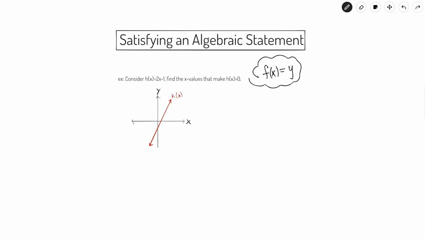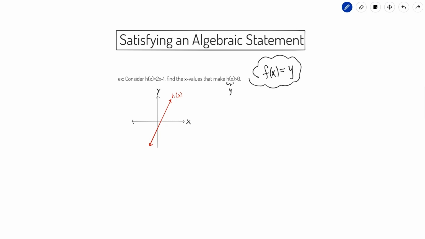If I know h of x is really just y, my y variable, then I'm really just wondering what x values make y greater than 0. And where is y greater than 0? Well, y is greater than 0 everywhere above the x-axis in these two quadrants here. And so ultimately, all we're really trying to figure out is where my function h of x is greater than 0.